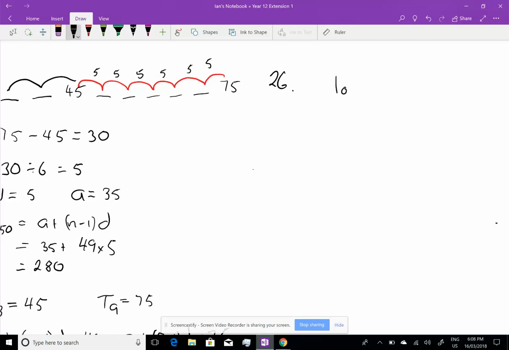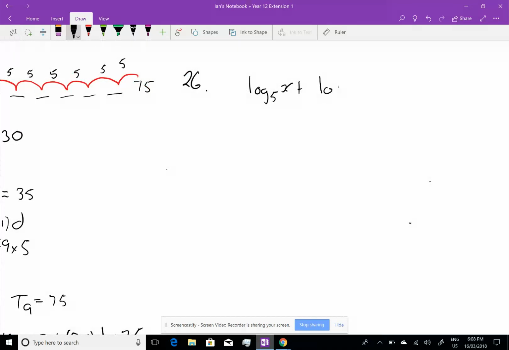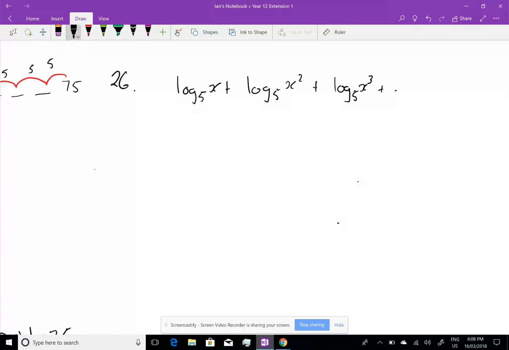So I've got log base 5x plus log base 5x squared plus log base 5x cubed, and so on to log 5 to the n, x to the n.